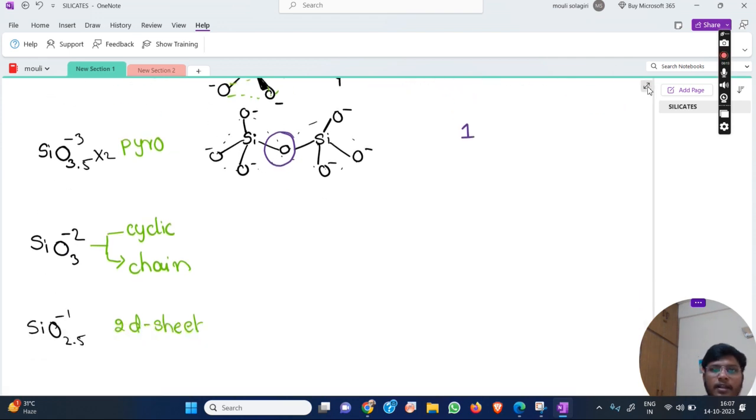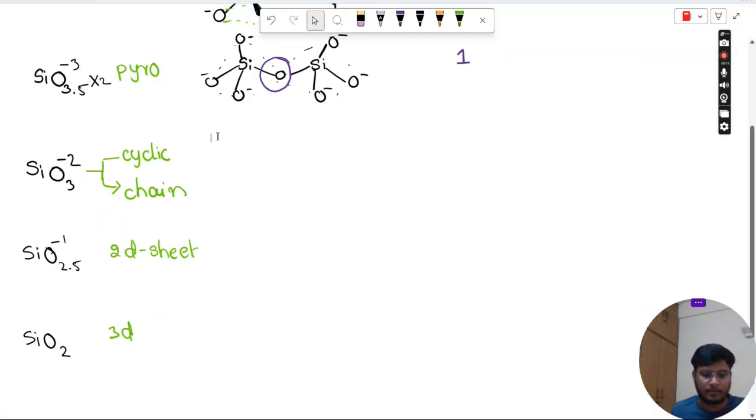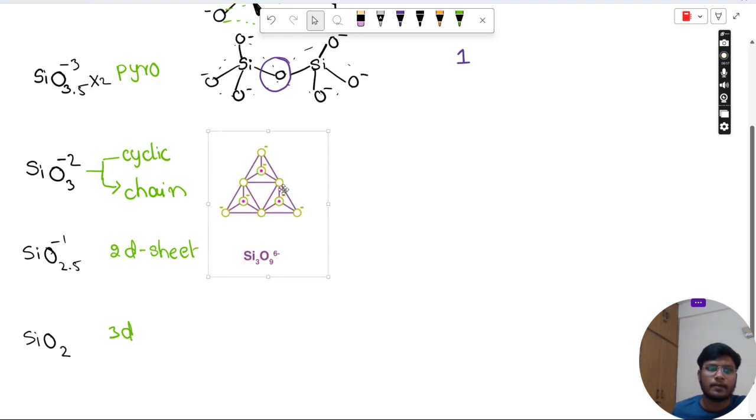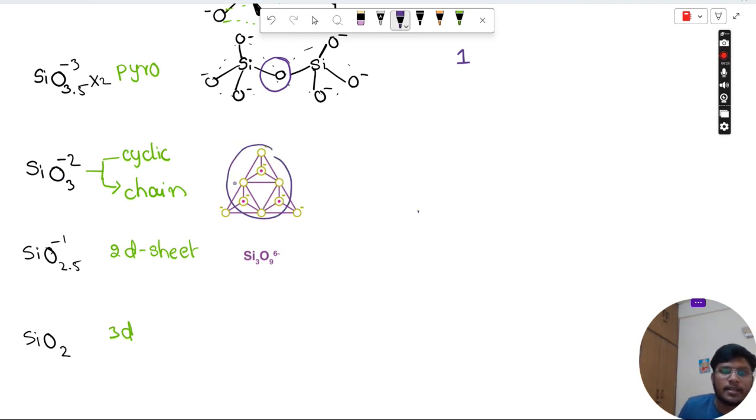So here let's have a brief look. This is the structure of a cyclic silicate. Let's consider this silicate. Here the cyclic structure consists of 3 SiO units, so 9 O should be there: 1, 2, 3, 4, 5, 6.